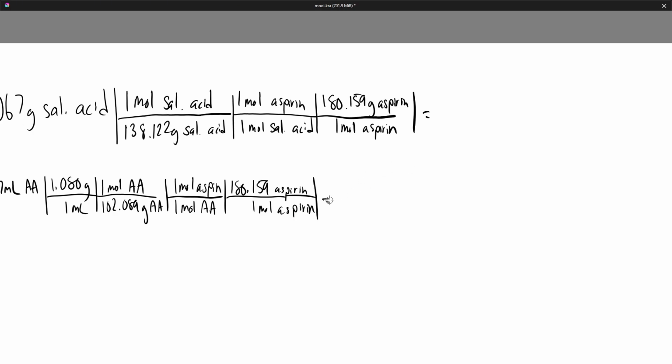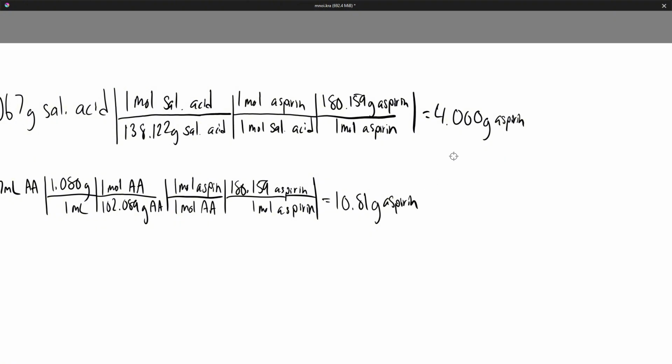Okay. So for this top one, we get 4.000 grams of aspirin. And for this bottom one, we get 10.81 grams of aspirin.